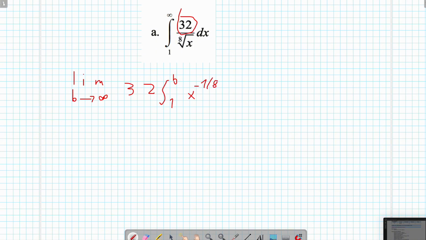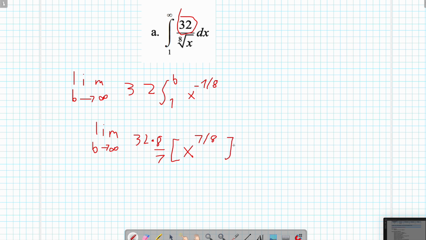You integrate like normal, right? So limit as b goes to infinity, 32 times 8 over 7 into x to the 7 over 8.